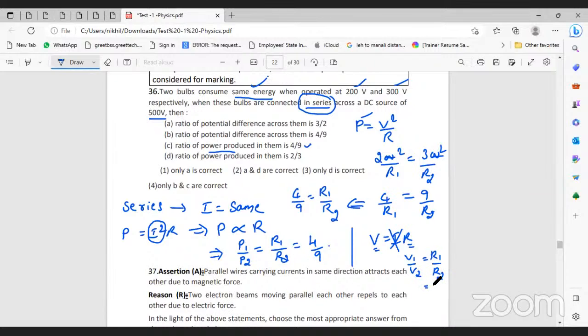So even the potential difference will be 4 by 9. So statement B and statement C are correct, both are correct. So you can take option 4, statements B and C are correct.